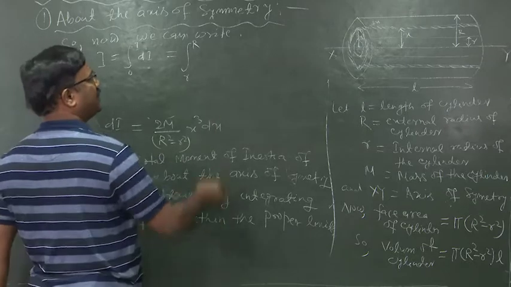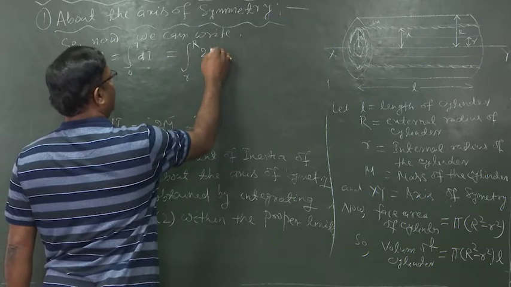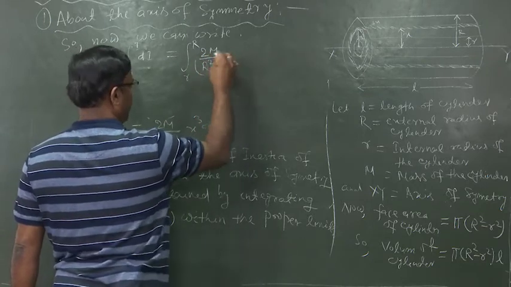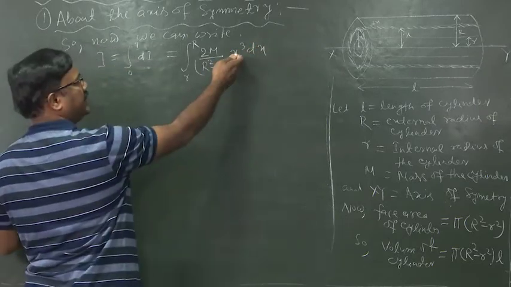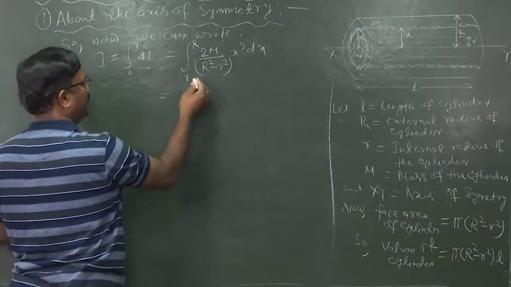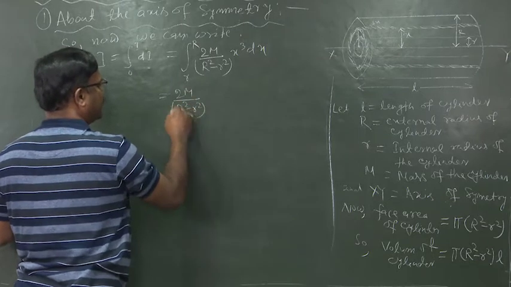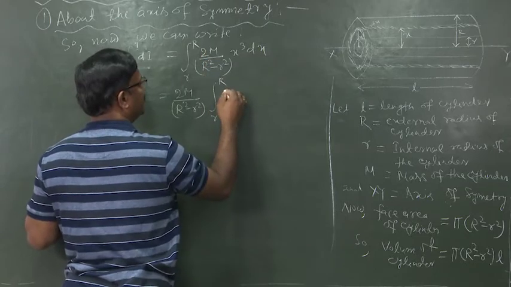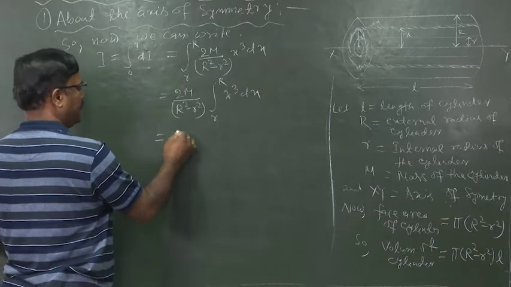So, the limit of integration varies from small r to capital R, of 2M divided by (R square minus r square) into x cube dx. Only the integration of x cube needs to be done, so taking this term outside, it will become 2M by (R square minus r square) times the integration from small r to capital R of x cube dx.